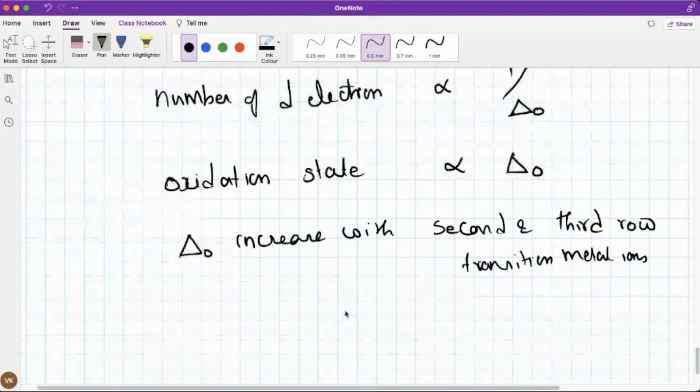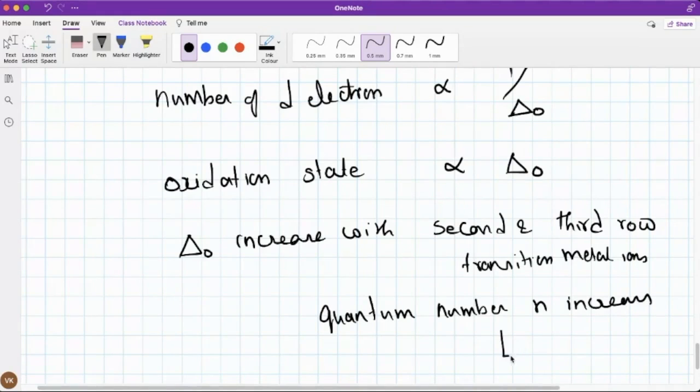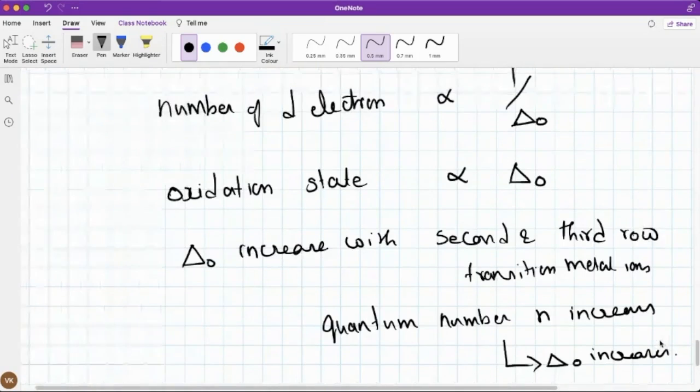When you go to the second and third row, instead of 3d it is 4d and 5d, so the principal quantum number n increases, and delta naught increases. These are the general factors by which the metal ion can have a higher delta naught.